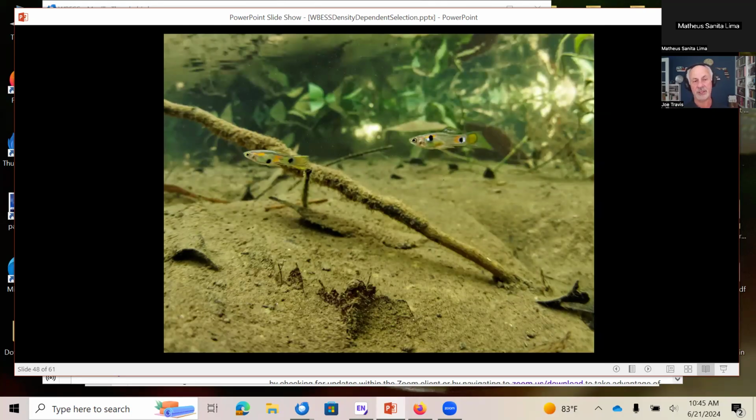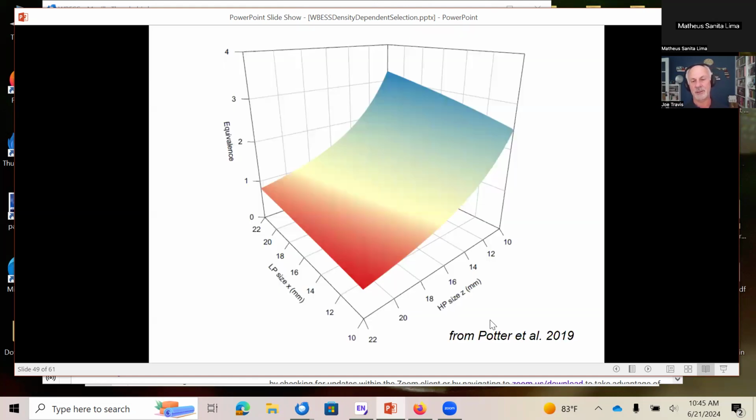We did this experiment with guppies. We compared the competitive impact of high predation and low predation guppies on each other in a laboratory experiment. And this is from Thomas Potter et al. 2019. This graph shows you competitive equivalence on the vertical axis as a function of the body size of a low predation guppy and a high predation guppy on these axes on the bottom.